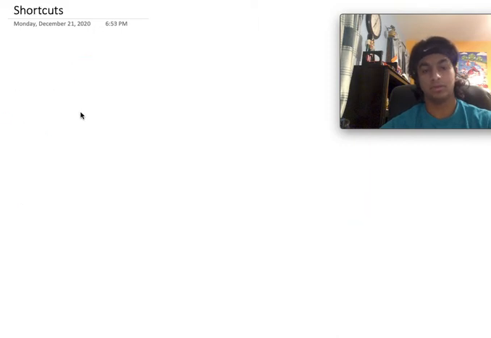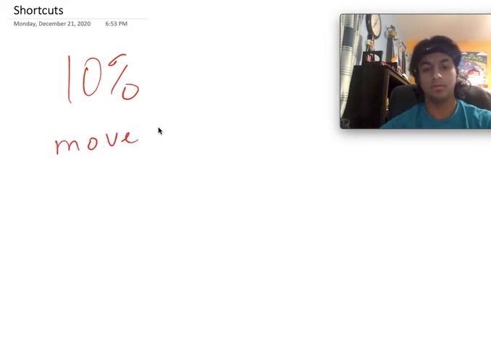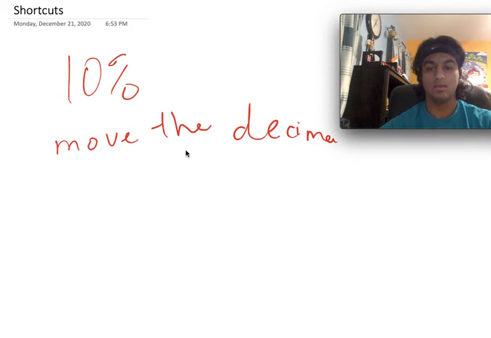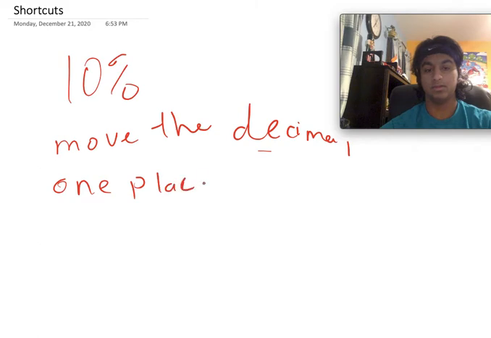Okay. Here are some shortcuts now. 10% of any number, just move the decimal one place to the left.